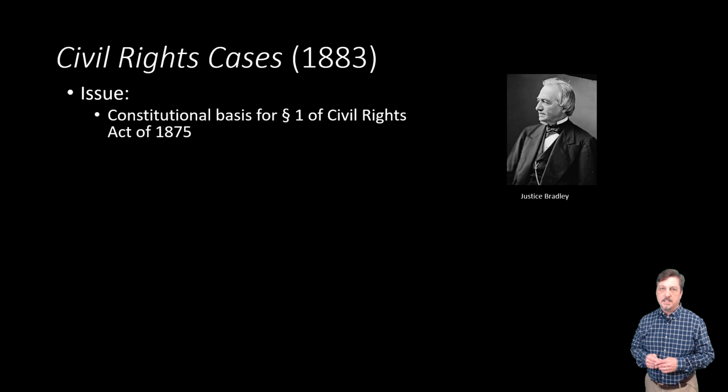Section 1 of the Civil Rights Act of 1875 made it a misdemeanor to deny a person access to facilities such as inns, transportation, theaters, and other places of public amusement on account of race, and imposed civil penalties for violations. Private persons and companies who had been convicted or sanctioned for denying African Americans access to hotels, theaters, and railroads challenged this part of the statute.